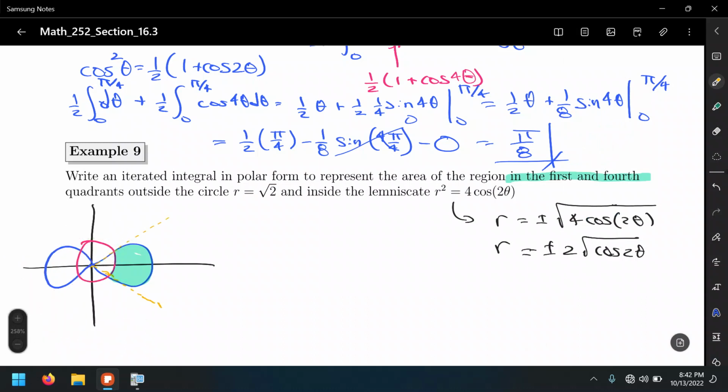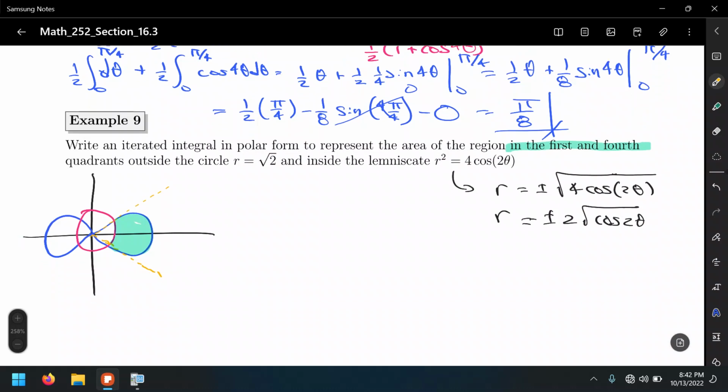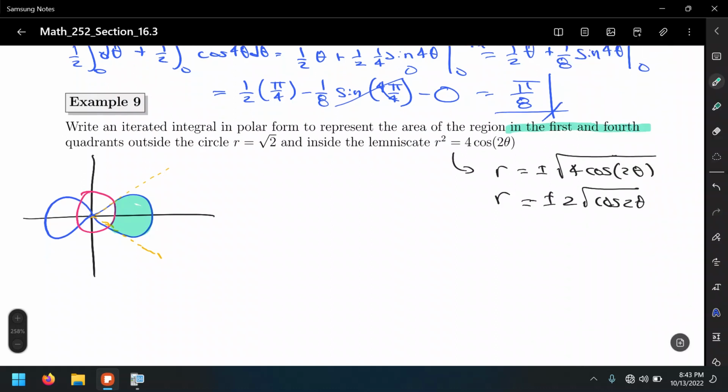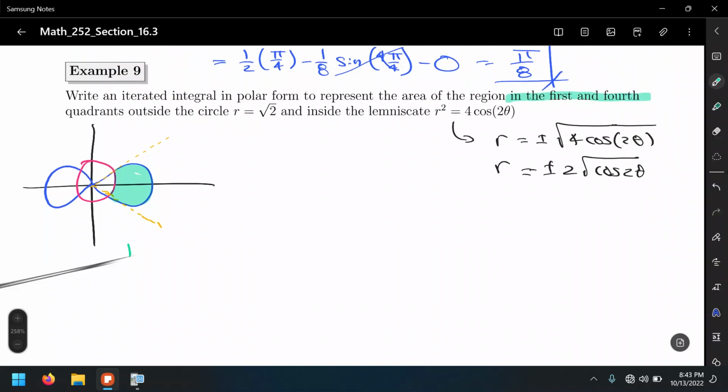That way we get a better idea of what we are really finding. So we need to set these two quantities equal to each other. That is, for 2 square root of cosine 2 theta, where is that equal to the square root of 2?